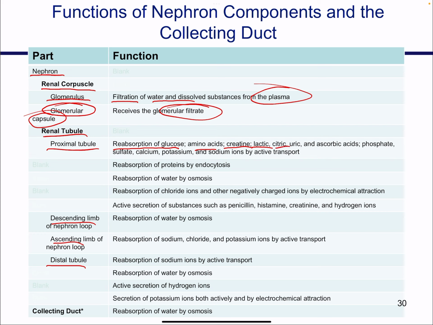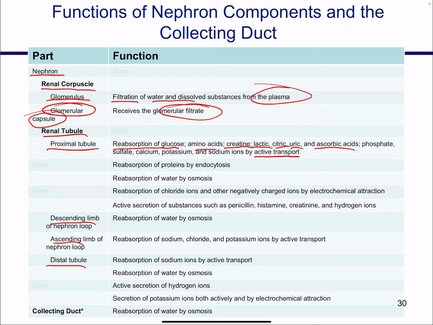Citric acid, uric acid, and ascorbic acid, many ions, including phosphate, sulfate, calcium, potassium, sodium, and all of these components are reabsorbed via a type of transport system that is called an active transport system that requires input of energy, right? You need to spend some ATP here for this reabsorption to occur, right?